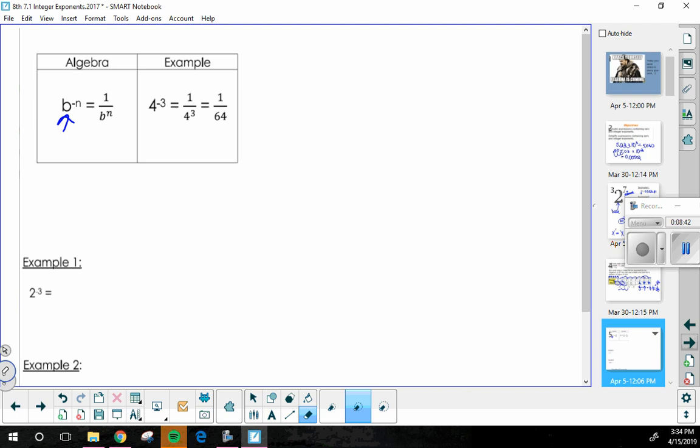So 4 to the negative 3 is the same as moving that underneath a 1, 4 to the positive 3, which is 1 over 64. And just the opposite is true. If I have 1 over b to the negative n power, guess what I do? I move it up to the top.